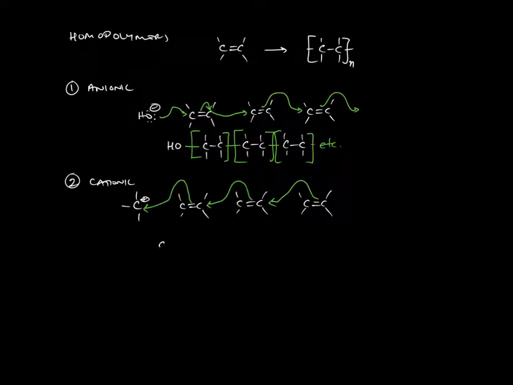That would end up with whatever your carbon was there, making a bond to something that used to be an alkene, attached to another subunit that used to be an alkene, attached to another subunit that used to be an alkene, etc. And so once again, if we look at our brackets, we can see that there's repeating units of whatever this is.